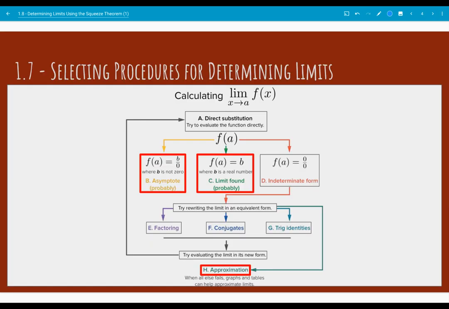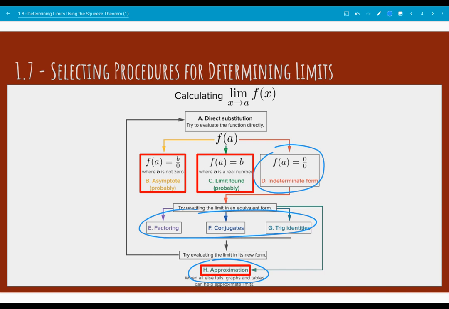So if you remember in the last section, we looked at this flowchart here, and in particular, when we're dealing with indeterminate limits, we tried using factoring and conjugates and trig identities. And if those things didn't work, we said, okay, let's try a numerical approach. We'll try approximation. Well, approximation is really kind of limited in its precision.